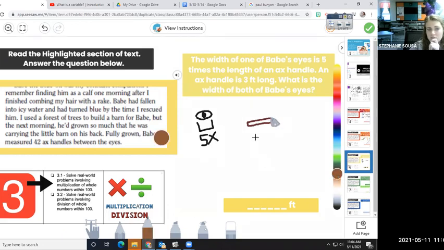An axe handle is 3 feet long. You are being asked to find the length of both eyes. 2 eyes. Or the width, I apologize. So you're doing this twice. Okay? I want you to hop into your breakout room and you're going to talk about how you can solve this together. We've got 2 eyes that are 5 times the axe handle.